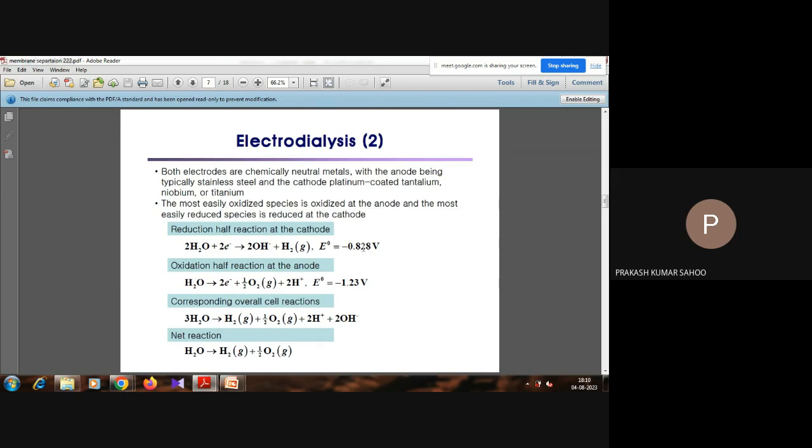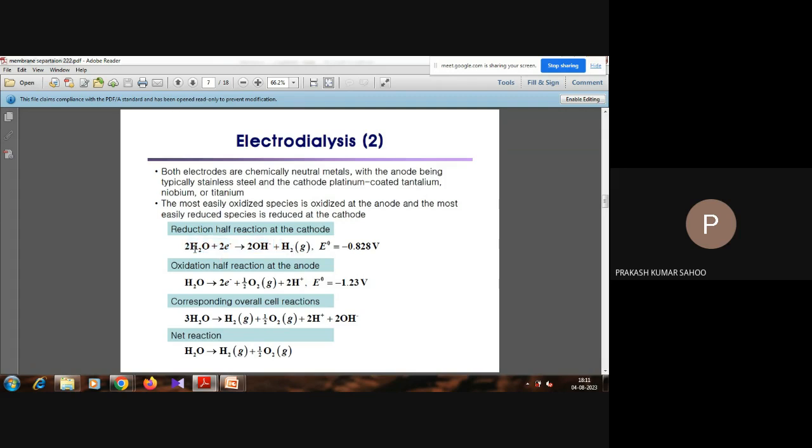The most easily oxidized species is oxidized at anode, and the most easily reduced species is reduced at cathode. So oxidation means it is the removal of electron, whereas reduction means it is the gain of electron. So at the reduced end, that is at the cathode, what happens? There is release of hydrogen gas H2.